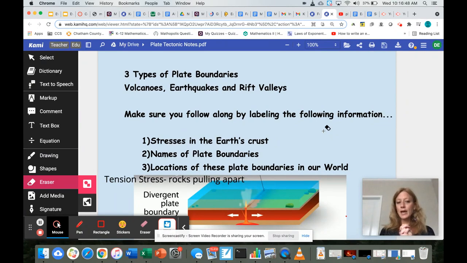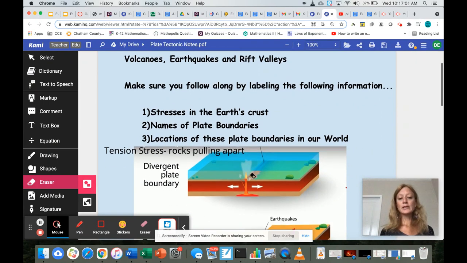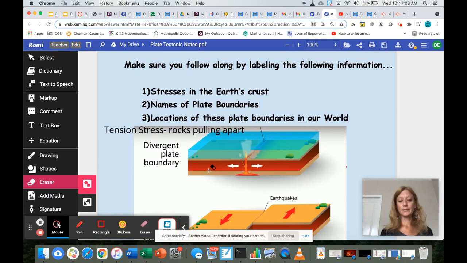So our takeaway today is to understand the 3 types of plate boundaries and why plates move the way that they do due to certain stresses. Okay? So I'm going to focus on this first picture here. And this first picture here is labeled divergent plate boundary.